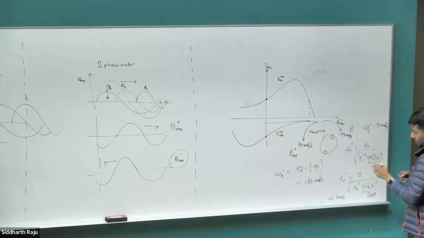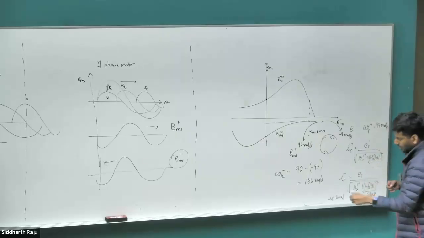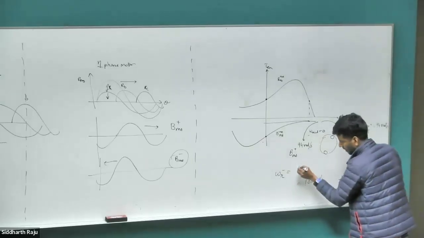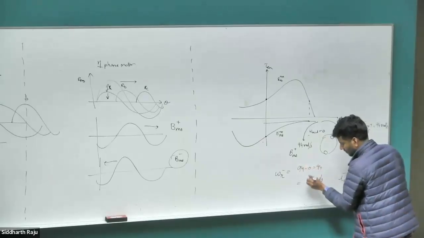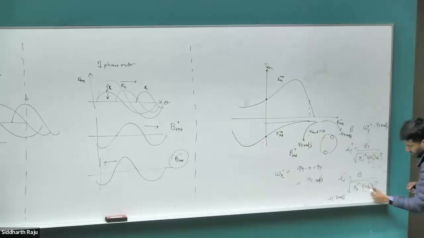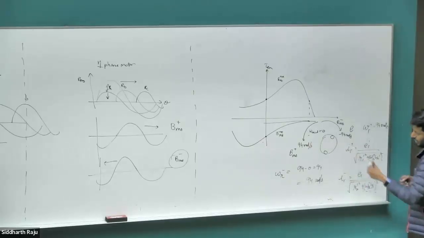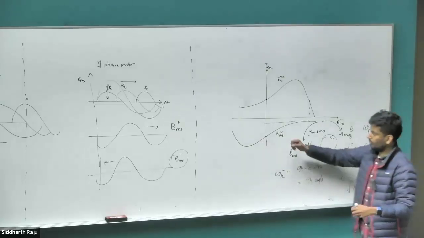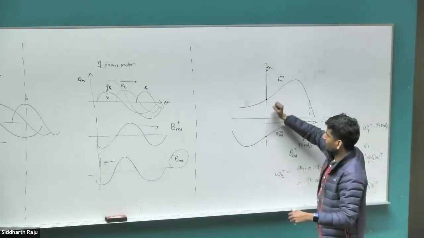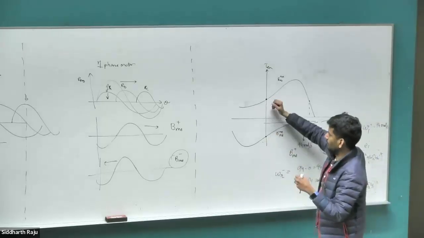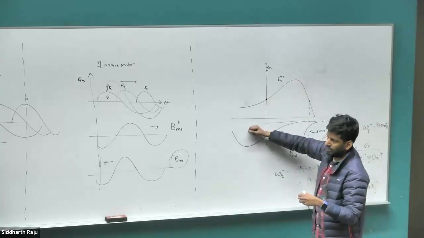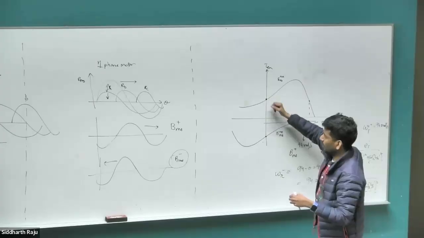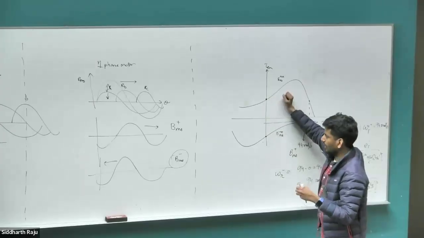So this is 94 radians per second, and this would also have been 94 radians per second. 94 minus 0 would have given you 94 radians per second. So the torque produced by both the IR negative and the IR positive would have been the same value. So the torque produced by both of them would have been the same. So they would have been competing in the opposite direction. So this tries to rotate in the forward direction. This tries to rotate in the negative reverse direction. And they would basically counter each other at standstill, not creating any torque.